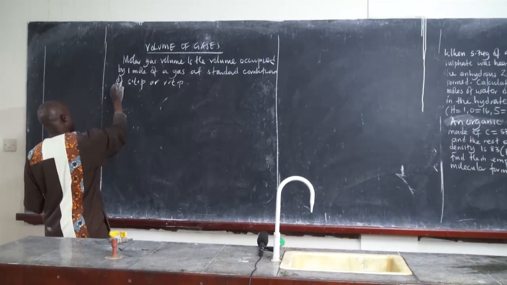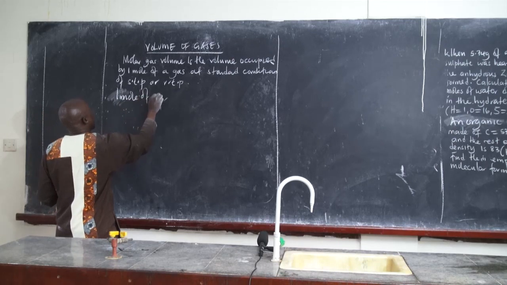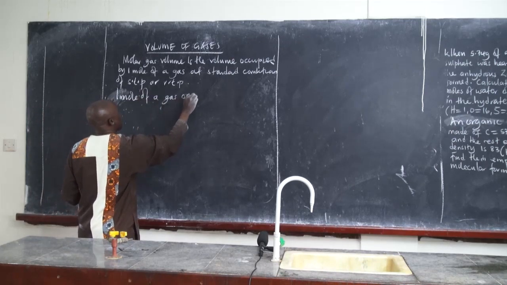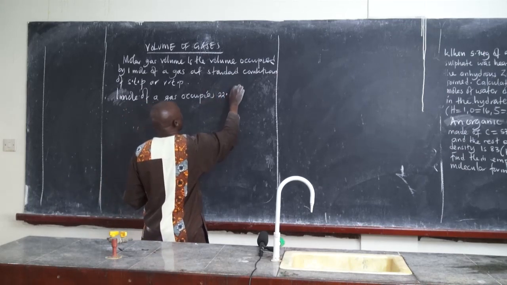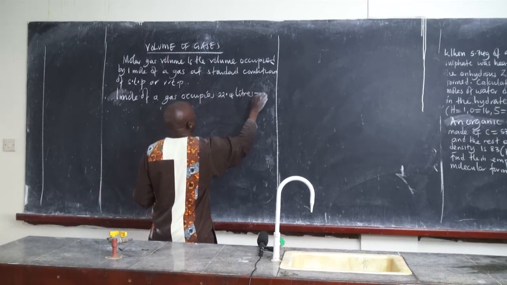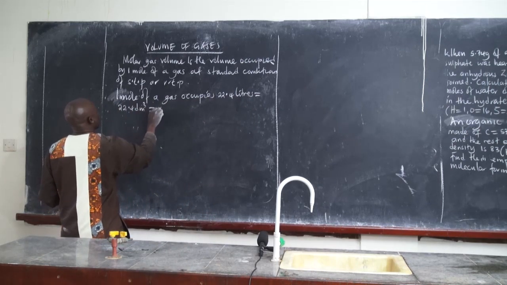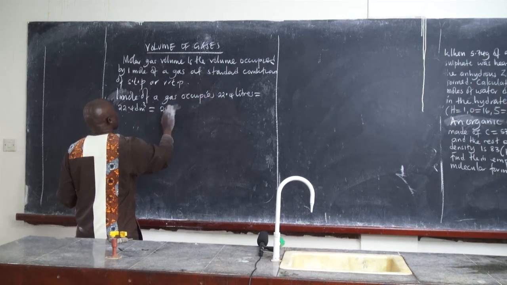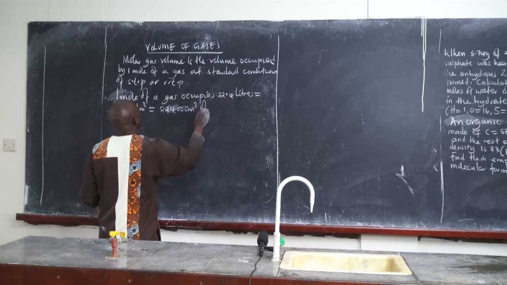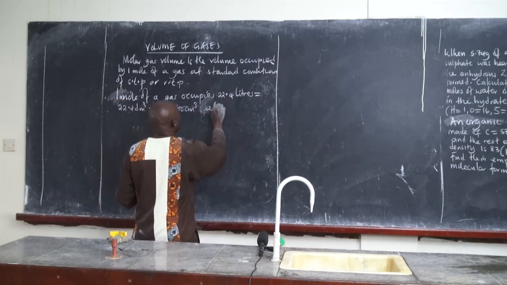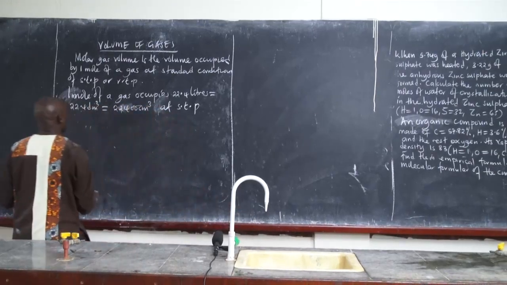So 1 mole of the gas occupies 22.4 liters, equivalent to 22.4 dm3, which is 22,400 cm3 at STP, standard temperature and pressure.